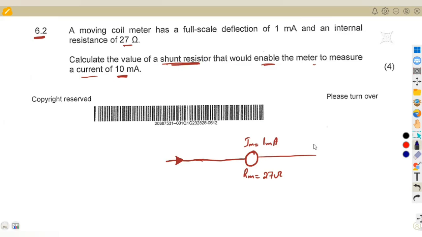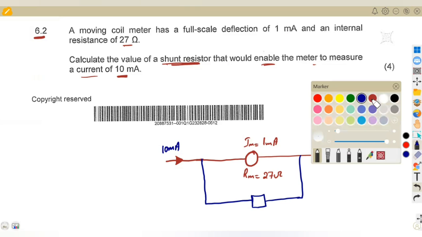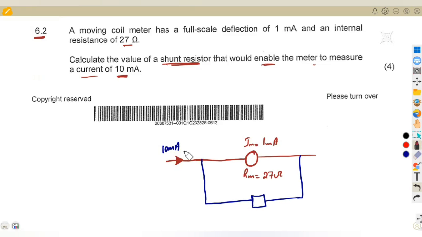For it to be able to measure 10 milliamps, what is going to be the shunt resistor needed? Remember, the shunt resistor is in parallel. It is to measure 10 milliamps instead of the 1 milliamp that it is used to measure.